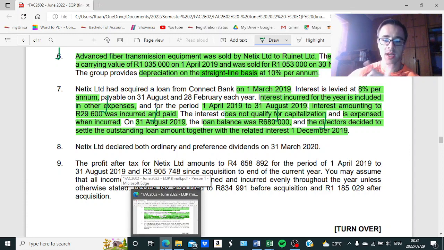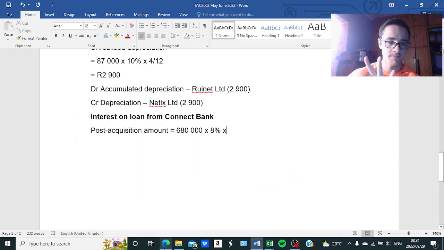September, October, and November. 3 months. That will give you the amount for interest on this loan right here, and you should arrive at an amount of 13,600 Rand.